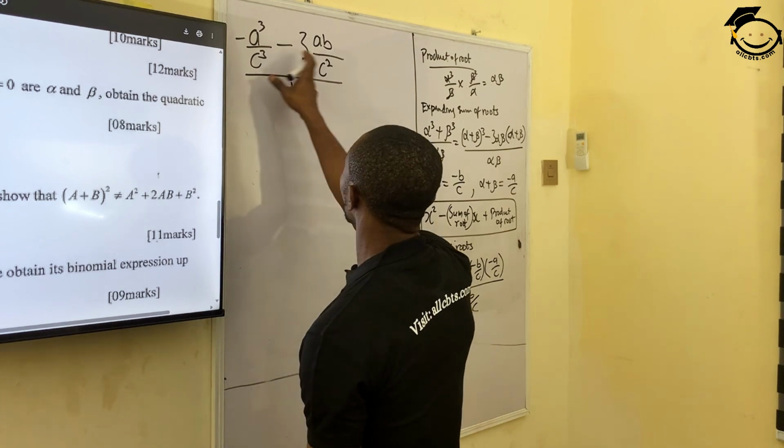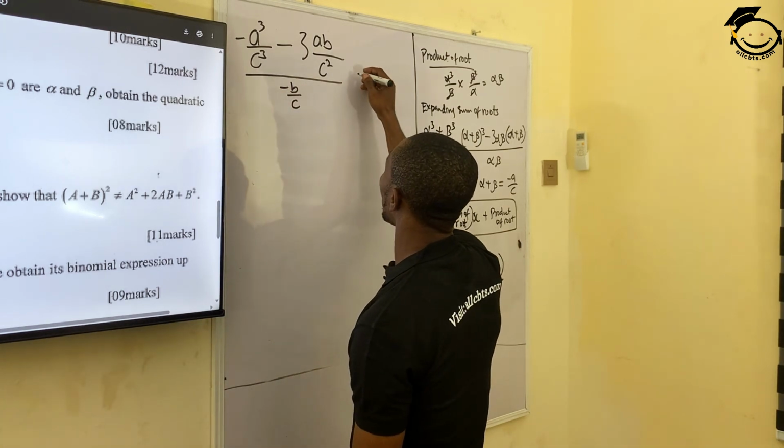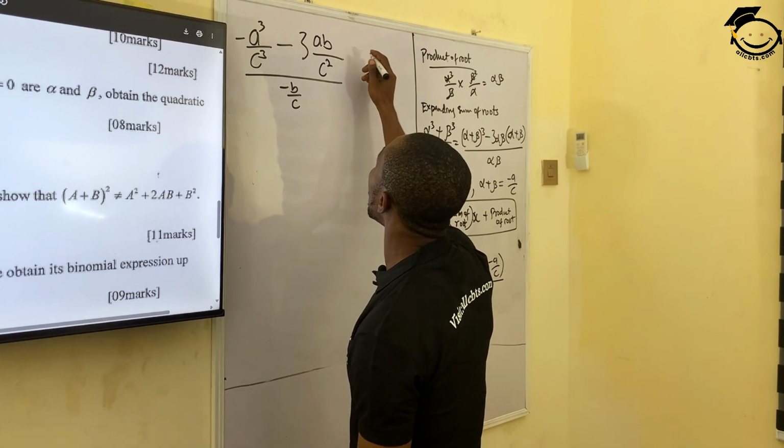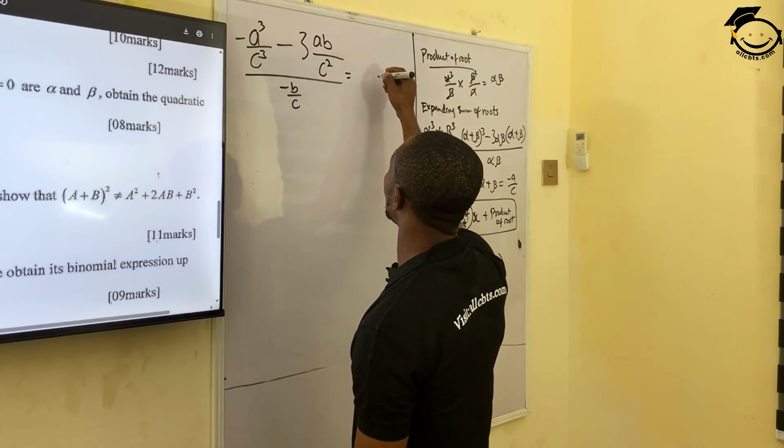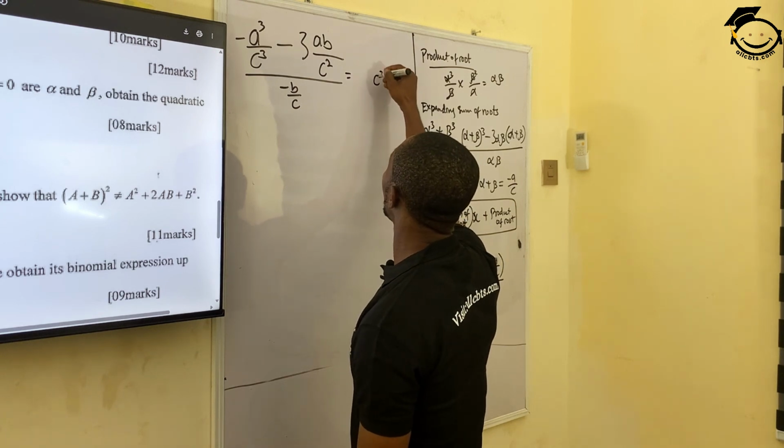Now, if we do this, our LCM here is C, that's C cube.